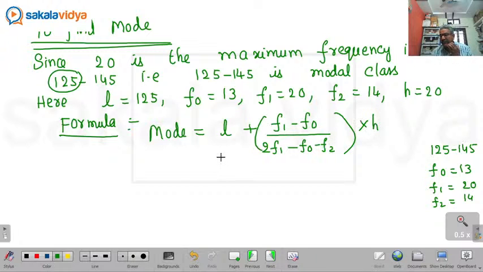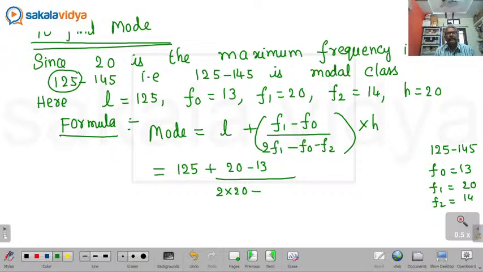Let us substitute the respective values. So we should have patience, because calculations are there. F1 is 20 minus F0 is 13 upon 2F1, 2 times 20, minus F0 13, F2 is 14, times h, which stands for 20. So you need to simplify.